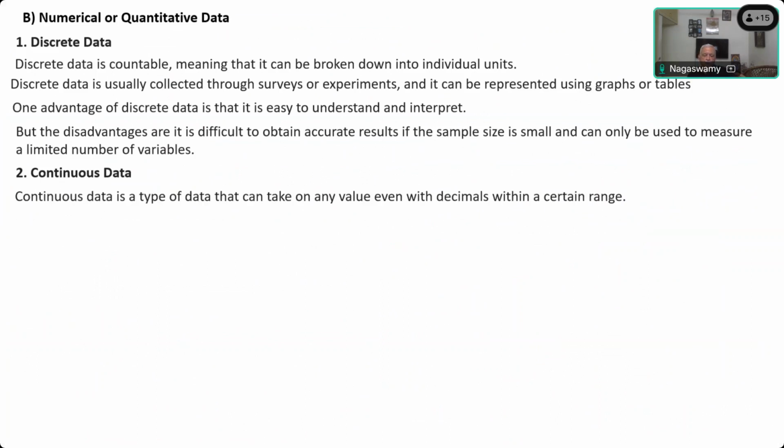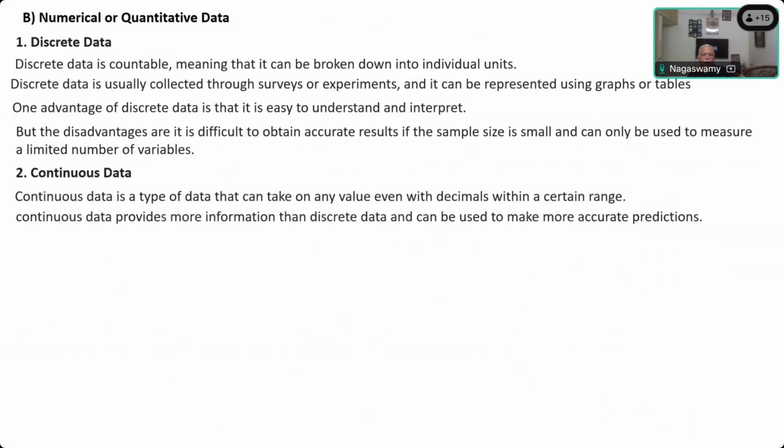So decimals can be included in continuous data in a wide range, and it provides more information and is used to make accurate predictions. So the main difference is that discrete data may sometimes be inaccurate, whereas continuous data is quite accurate.